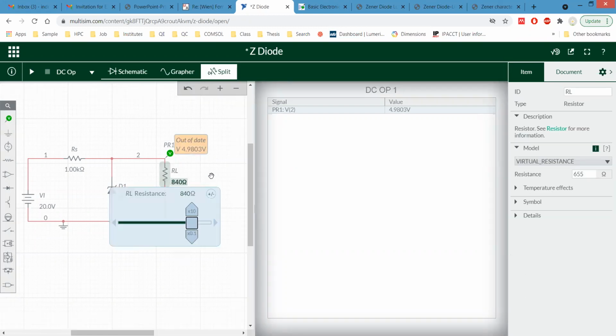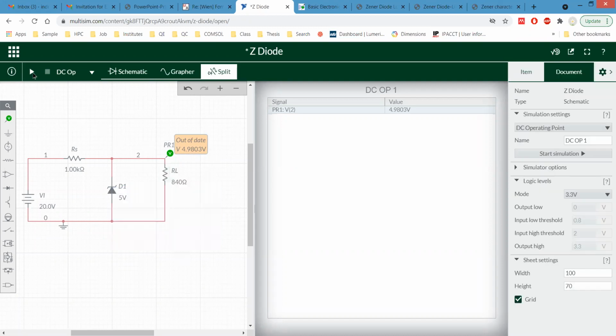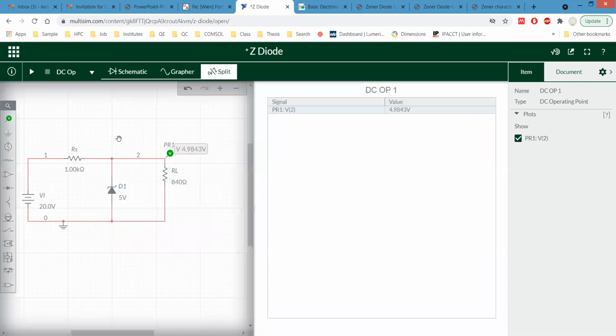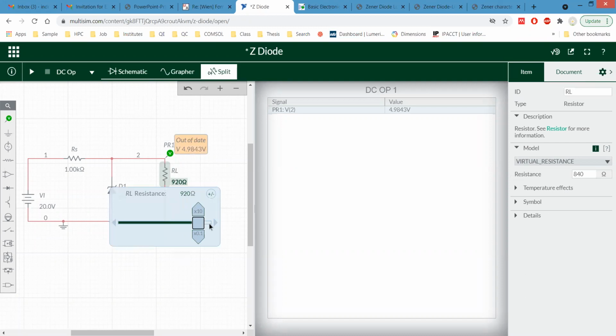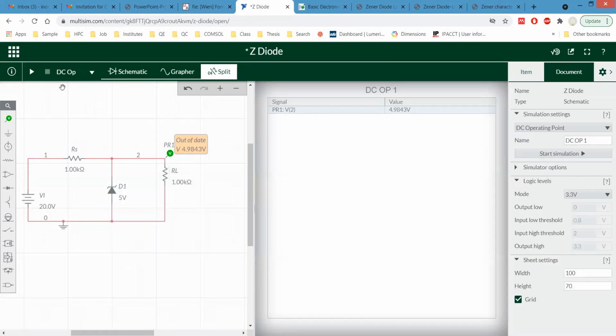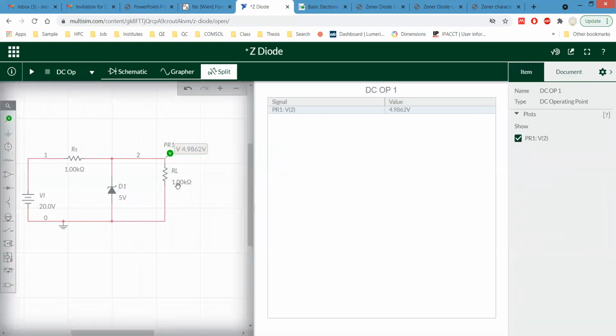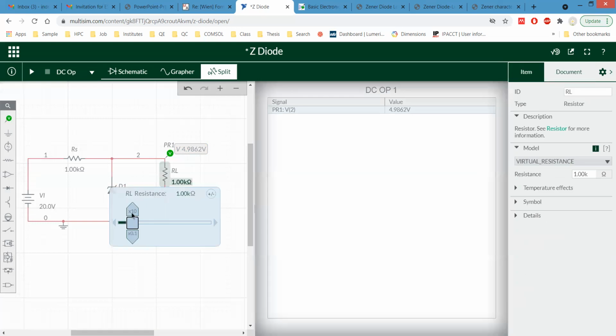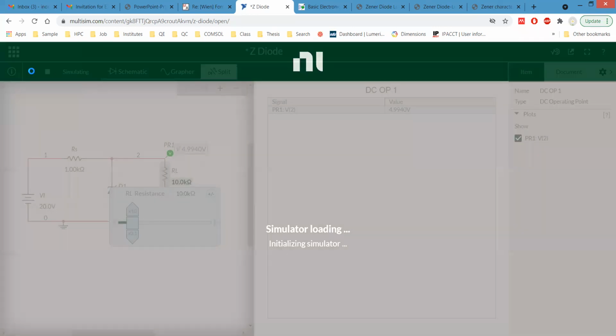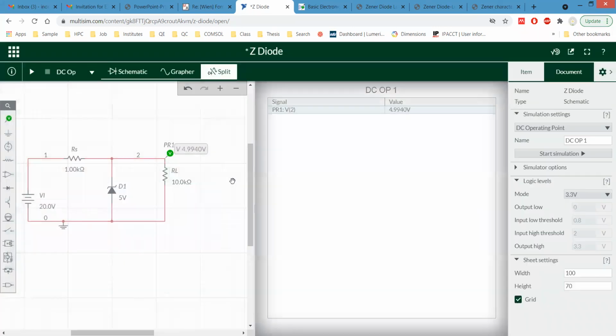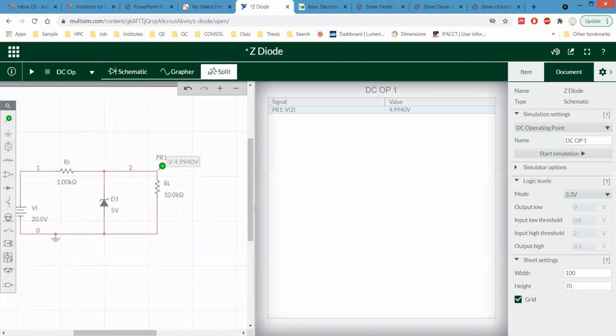The virtual lab one was giving the ideal one, but in this case it is giving much more realistic value. It's not exactly 5 volt, right? So let's make it 1 kilo. Still the voltage is same. Now take another value, 10 kilo. It's 4.9940. Okay. Now please tell me the data, then we can plot it.